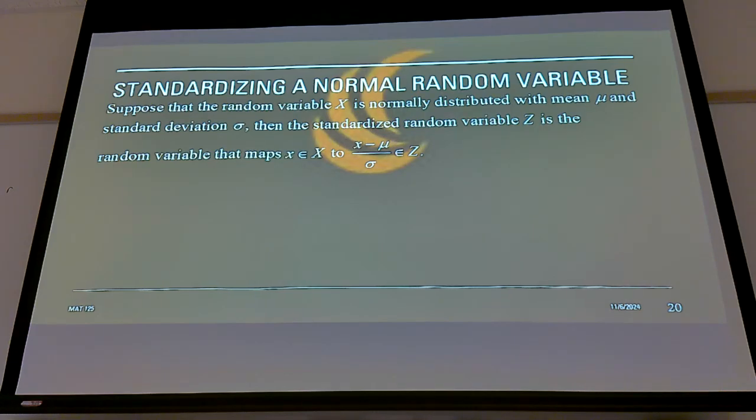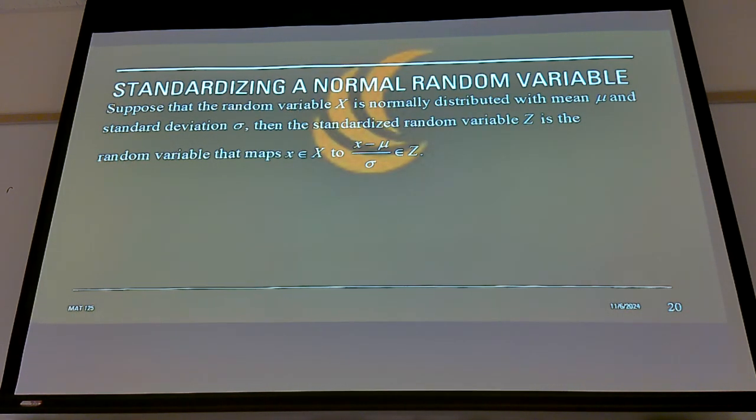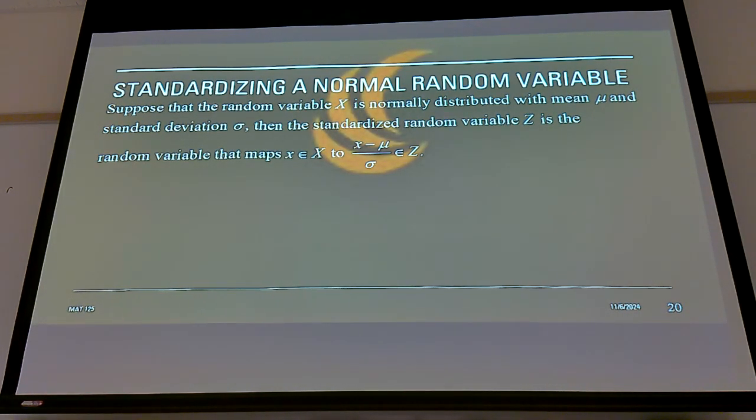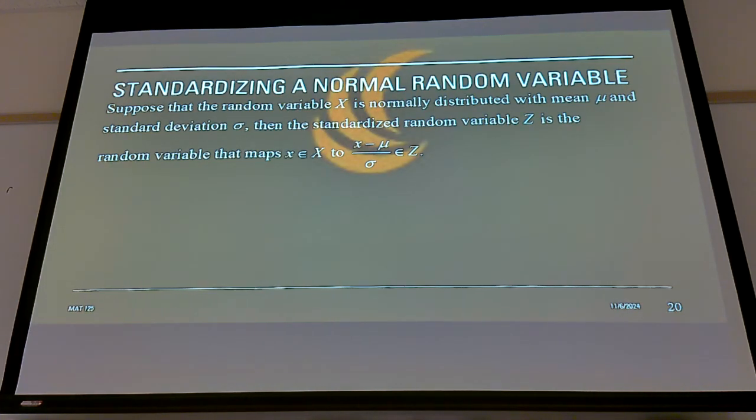Alright, so this is just repeating what we already saw, z-score. So remember, z is x minus mu over sigma.